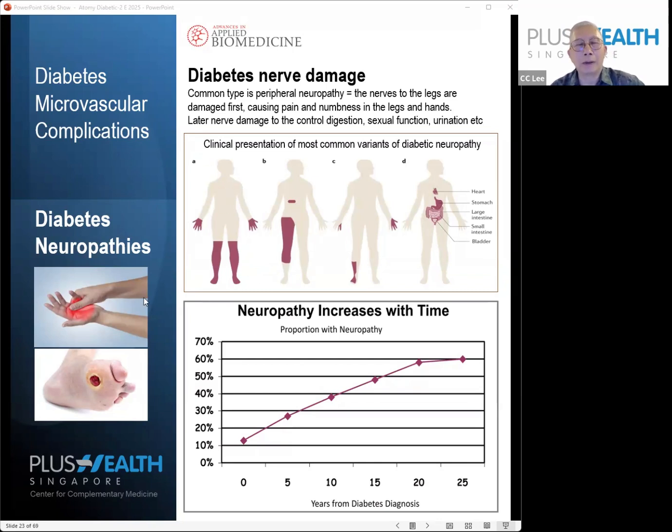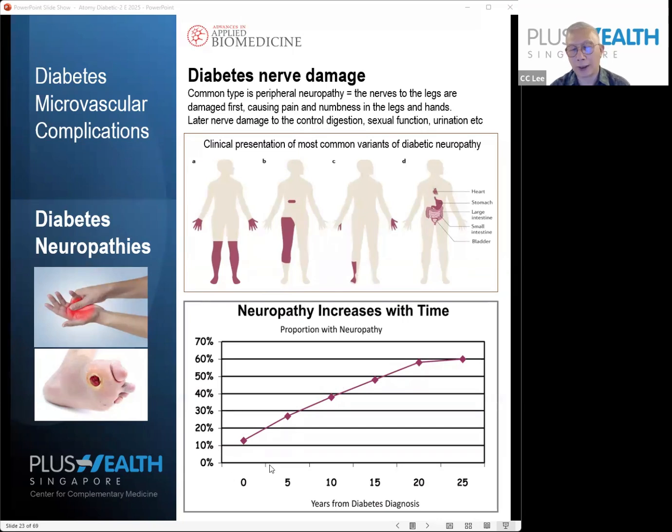Then as the nerve damage progresses, it will progressively go up, and it can even affect our autonomic nervous system, which is the nervous system that controls digestion, sexual function, urination, etc. We will discuss this shortly. So if you look at it, neuropathy increases with time. If you are suffering from diabetes, that means you are suffering from high blood glucose, and you will damage your blood vessels and nerves in the body.